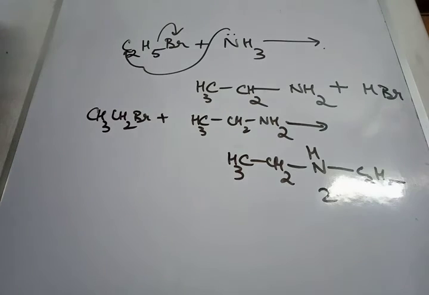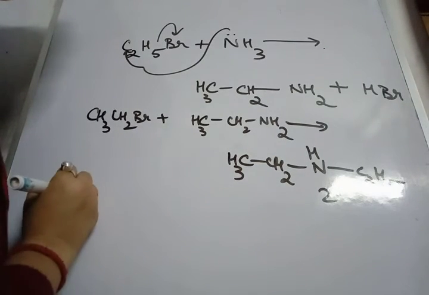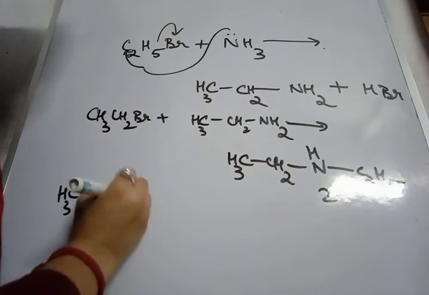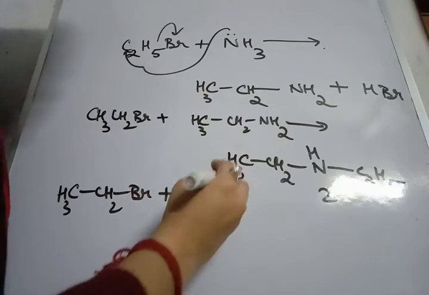And the side product is your HBr. Next step, again we are taking CH3CH2Br plus this 2 degree amine.